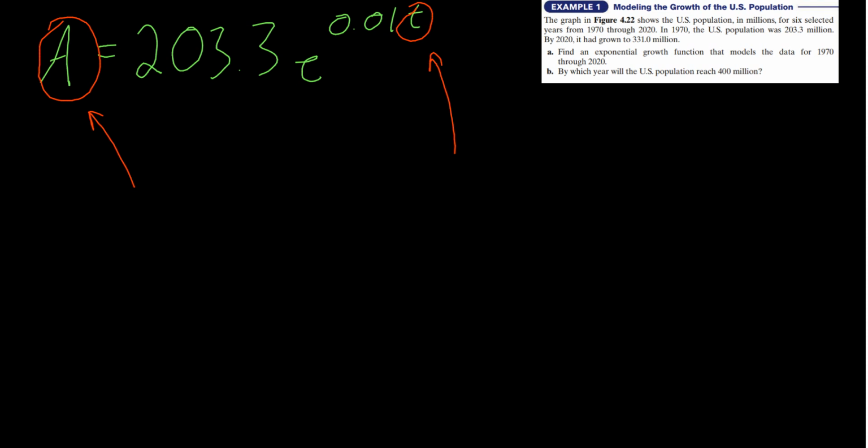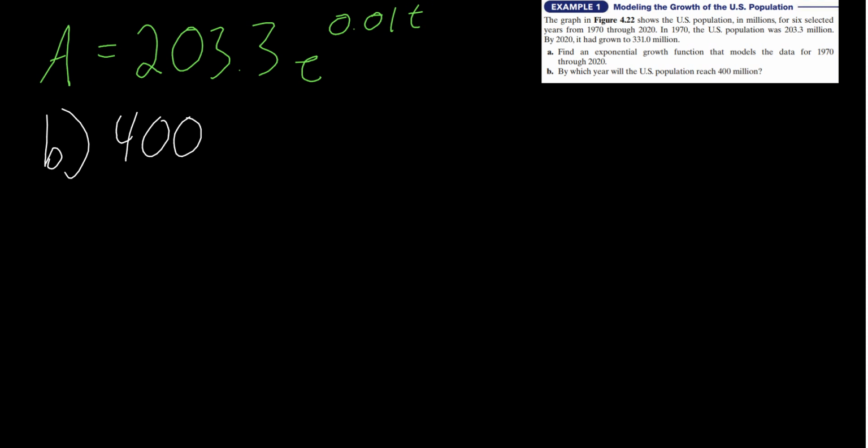So what we have to do here is substitute 400 in for A. So this is B. We're going to put 400 in for A, 203.3 times e to the 0.01 t power. Now we have to do our arithmetic here and solve for t.